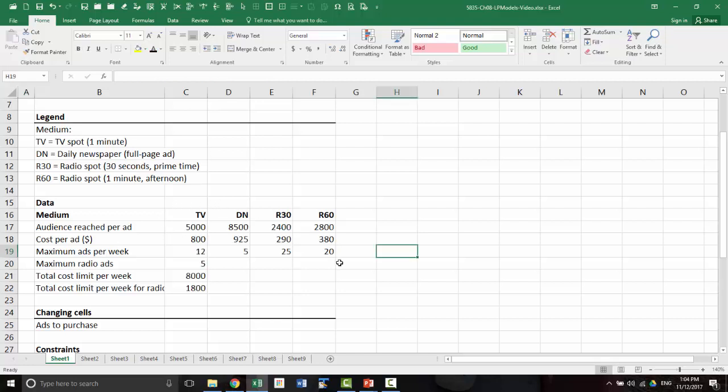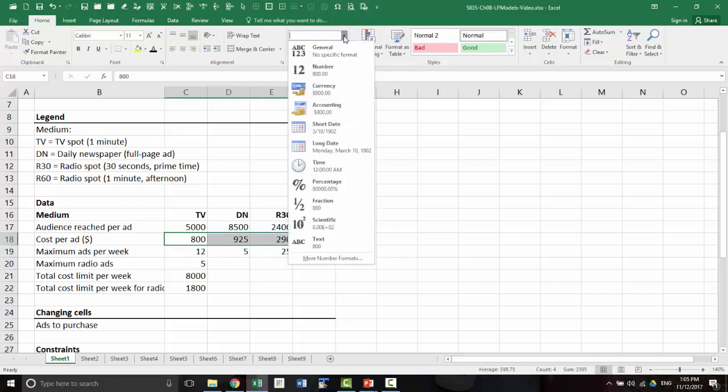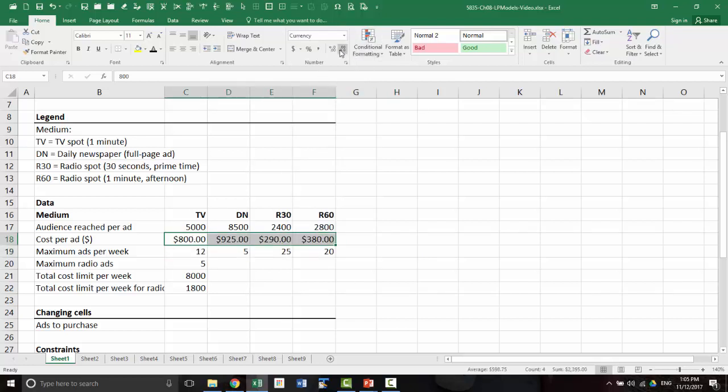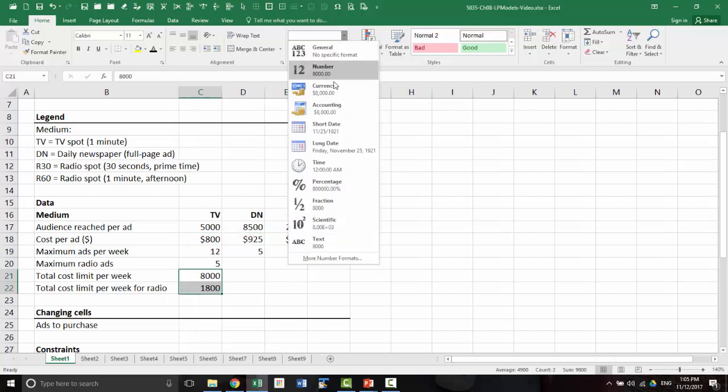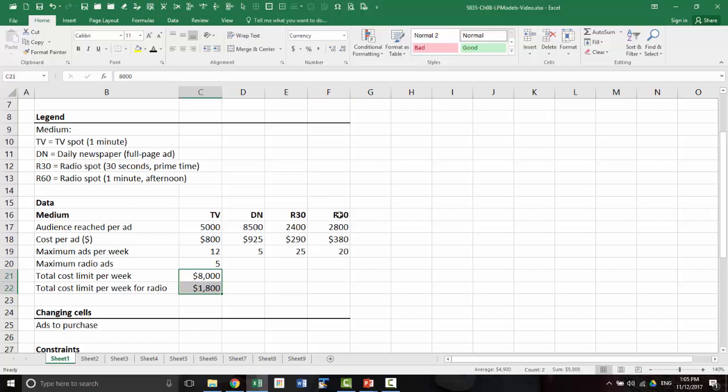Let's format this properly. That should be currency format, and you don't need decimal places. These two are again currency format. Now let's color code the input cells.